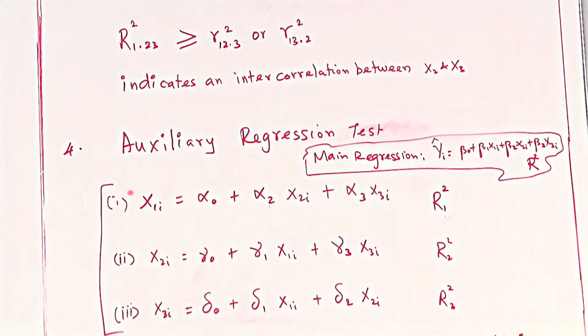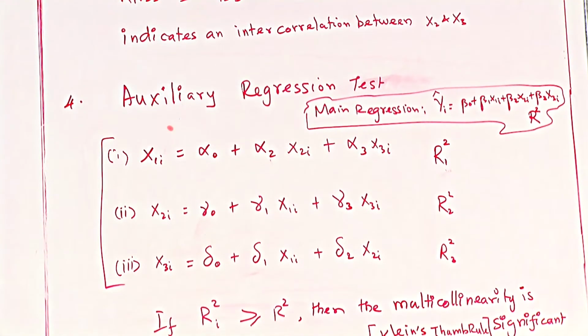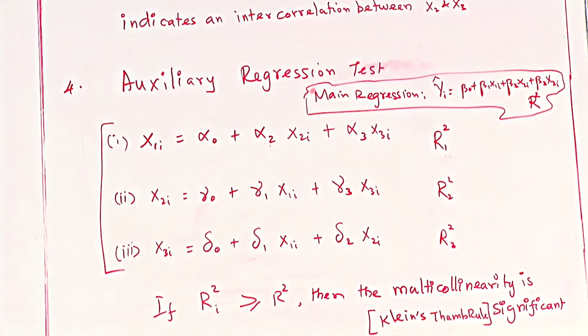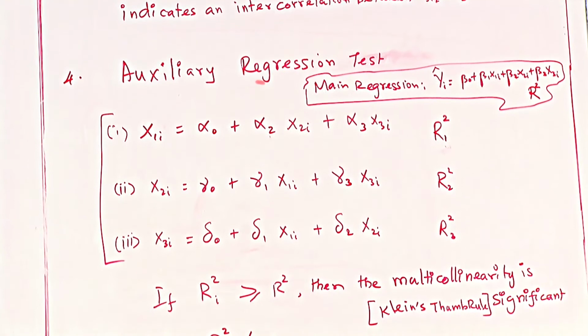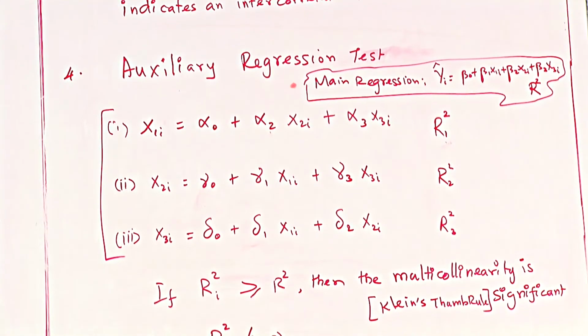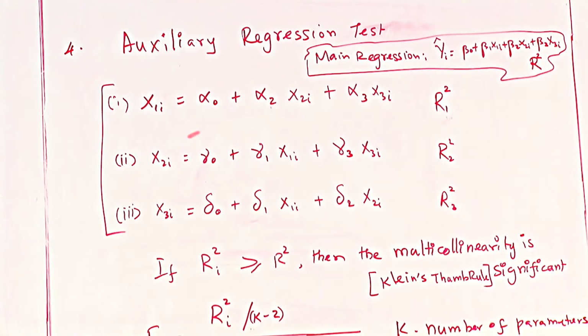Another method is the auxiliary regression test. In this, the auxiliary regressions are used to find the presence of the multicollinearity problem and the source of the multicollinearity problem. The auxiliary regression test in fact helps both to identify the problem and to identify its source.